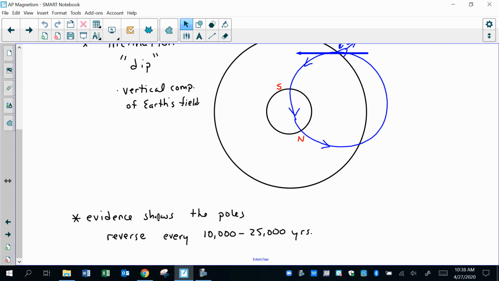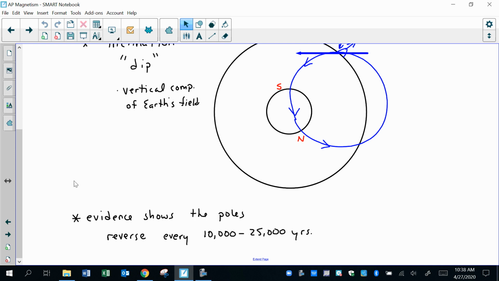And evidence has shown we have found little domains in the sea floor of moving plates that show that the domains have been reversed every 10 to 25,000 years. We are at about 10,000 years now, which means that we could possibly see a reversal of the poles again.